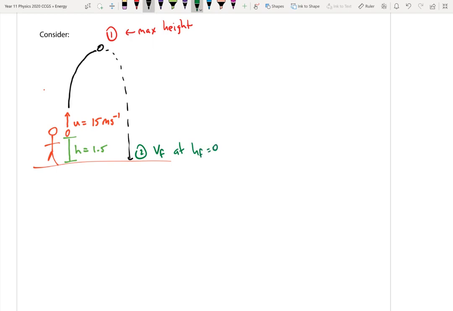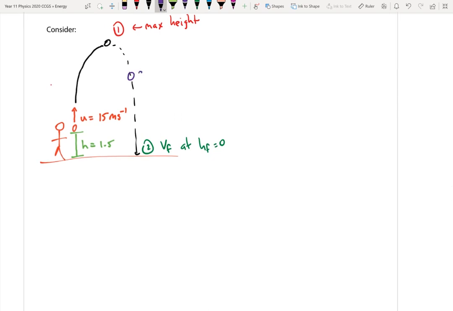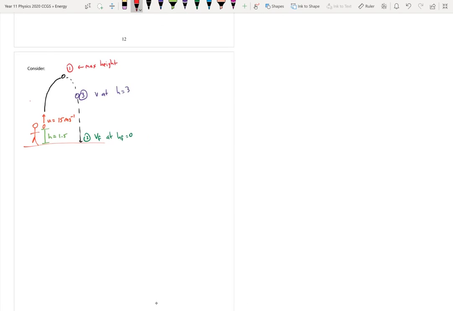And then, could somebody pick an arbitrary position between 1.5 and 3 meters? 2.7. You already said it. V at H equals 2.7. All right? So that's going to be your homework task.